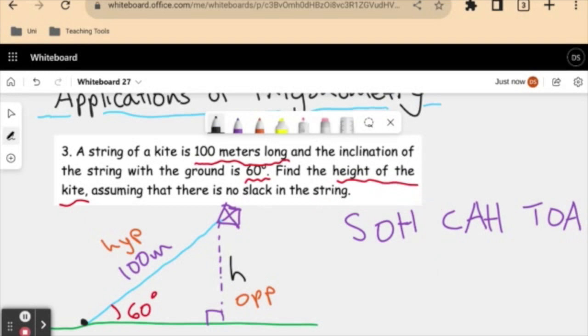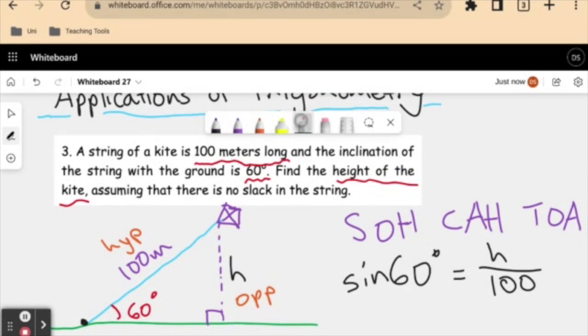So sine of my angle 60 degrees equals my opposite, h, over my hypotenuse, 100. Now we have an equation laid out that we can use like we did in the previous video.